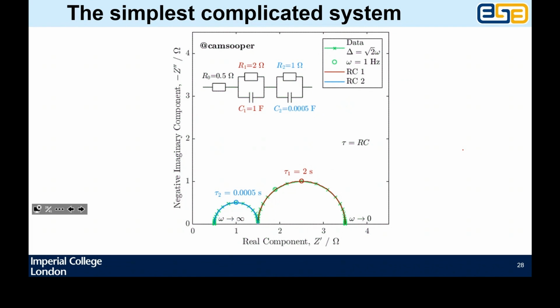And the key thing is to notice those two values of tau, the two time constants, are very different. I'm going to show you an animation now, and we're going to then try and understand what's going on. And I think we'll just let it run. When this thing animates, what you are going to see is I am going to change one number and one number only: C2, the capacitance of the blue capacitor.